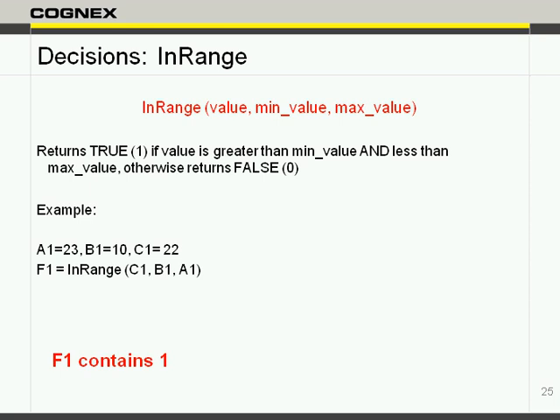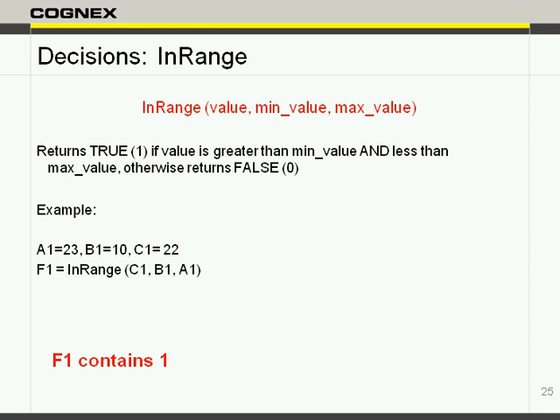So moving down to the example, in cell A1 we have 23. In cell B1 we have 10. In cell C1 we have 22. The formula in this case is in F1, in range C1. C1 is 22, so that is our value.